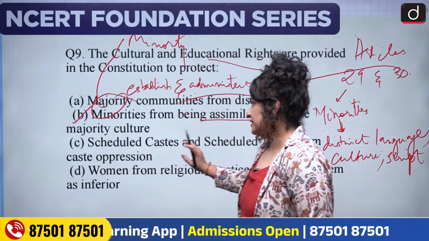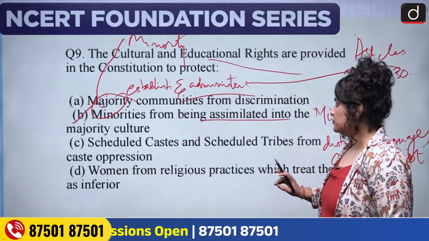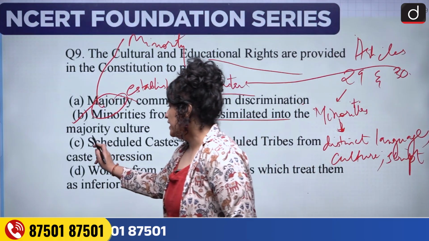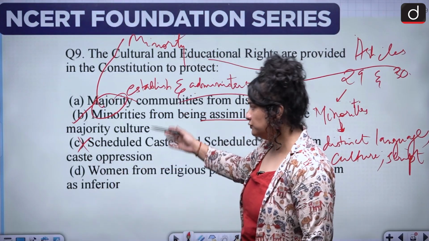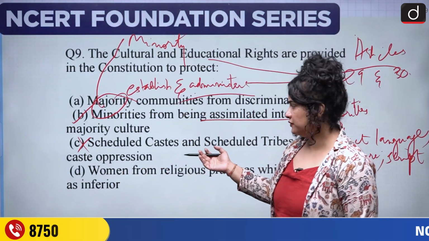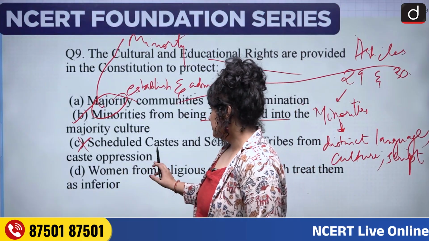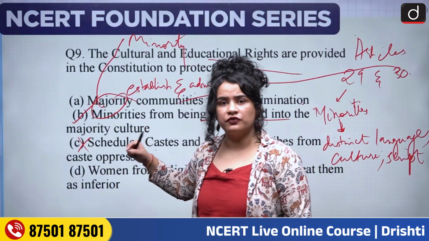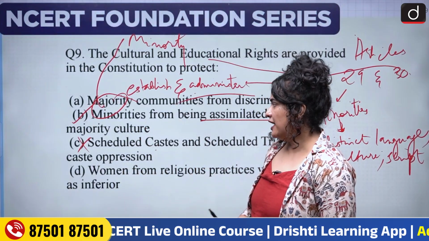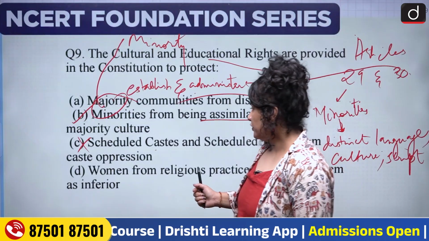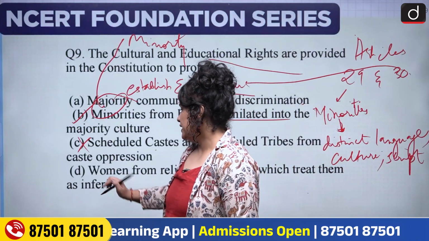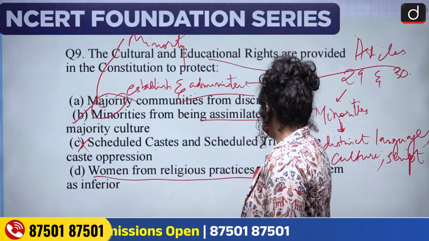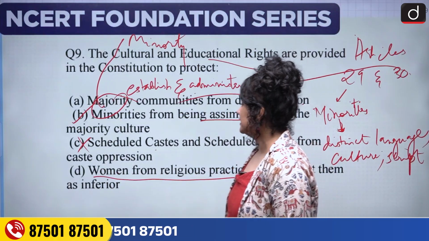Option C says scheduled castes and scheduled tribes from caste oppression. No, we actually have different provisions for those in the rights of equality, right? We have the abolition of untouchability as well. We have equal protection of laws and we also have equality of opportunity. And D, women from religious practices which treat them as inferior.